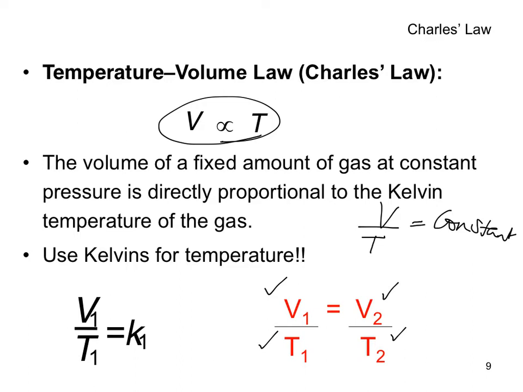So V1 over T1 is equal to V2 over T2. What's important is that the temperature will have to be in kelvins. Whatever are the units of volume V1, same will be the units for V2.